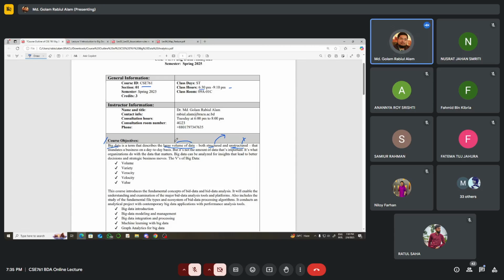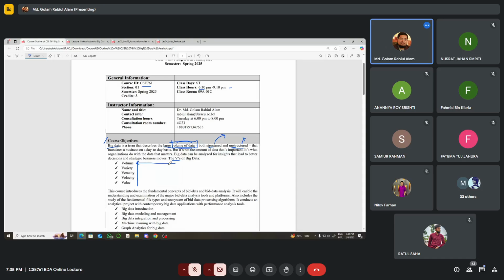But it is not only the volume of data. Usually in big data, we say that we have 5 V's in big data. The first is volume, maybe the terabyte or petabyte amount of data you have. And also your data dimension is very high.